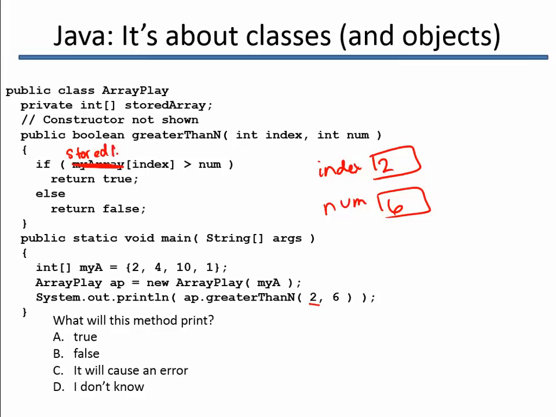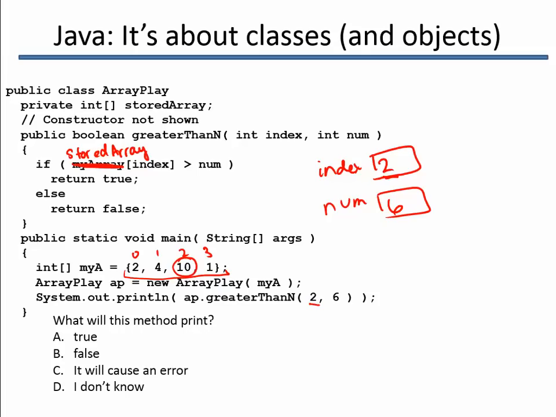But if we change it to stored array, now answer the question. What is stored array? Well, stored array has just gotten these values here. So stored array is going to be 0, 1, 2, 3. Those are the index values. We're going to go to index position 2, which is this element right here.